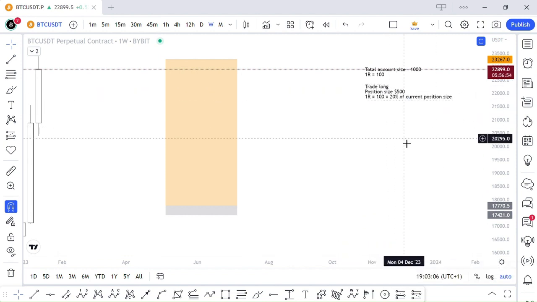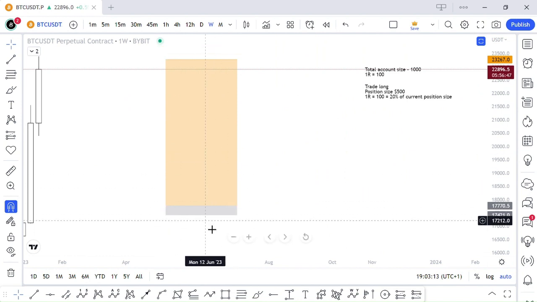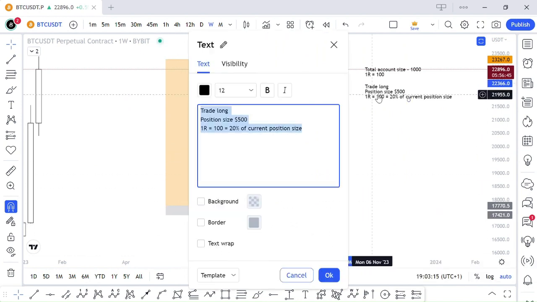So now we know how much leverage we can use. How do we know that? It's a 2% trade, so SL is 2%. 2 times 10 is equal to 20%, which is 1 hour, $100.